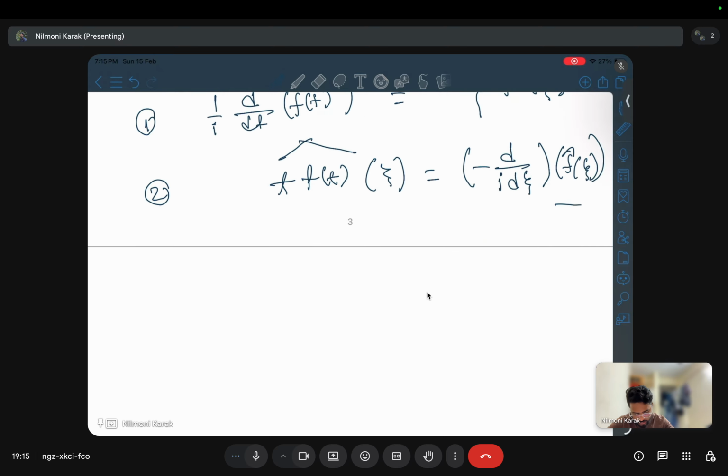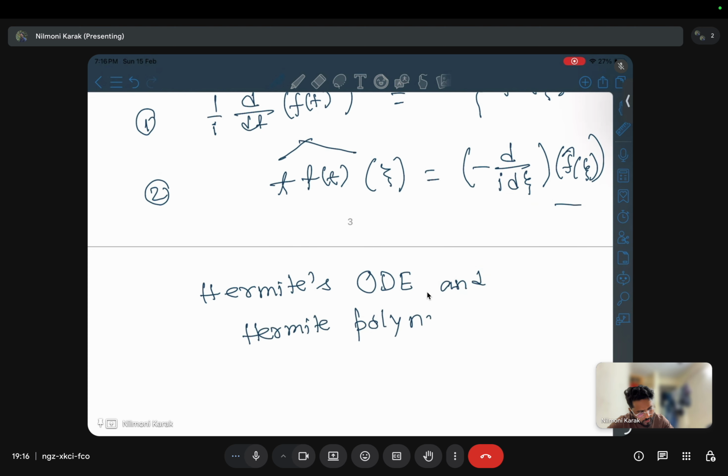Then we have done some Hermite ODE and Hermite polynomials.